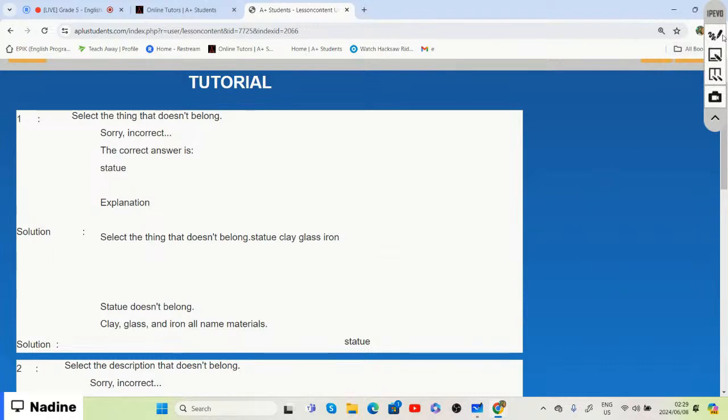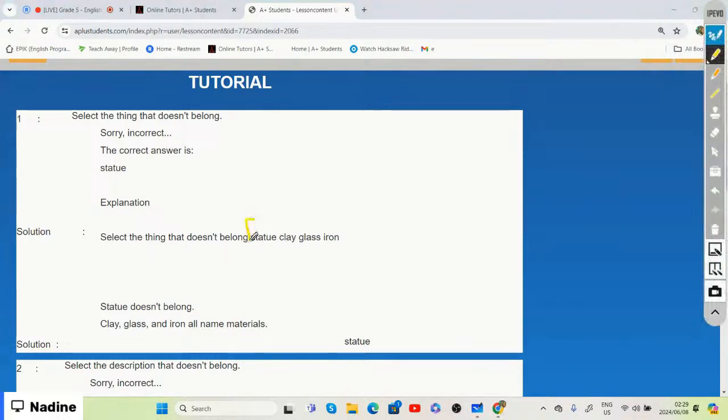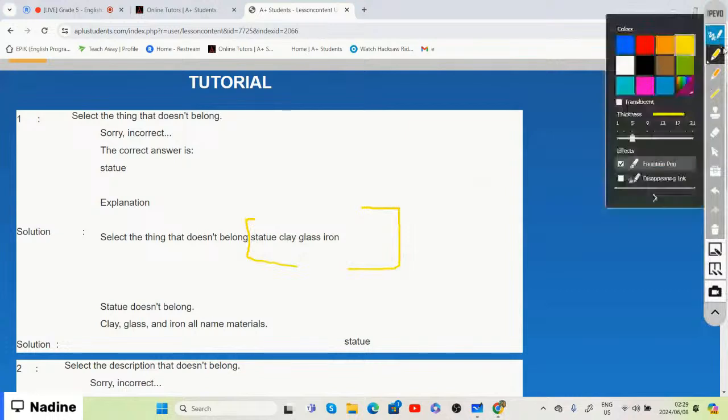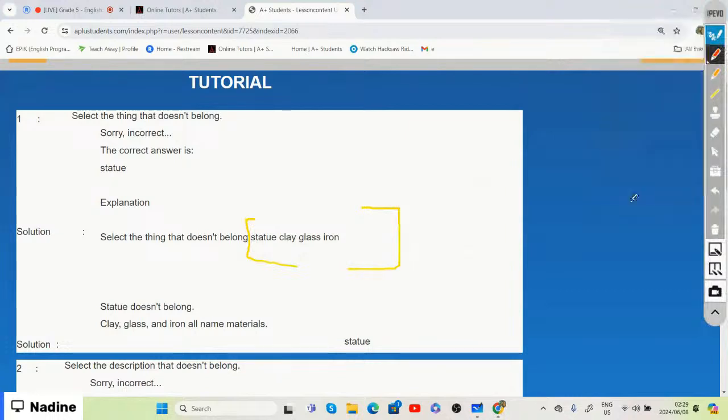So we need to choose from these words: statue, clay, glass, iron. We need to select which one doesn't belong. Is it statue? Is it clay? Is it glass? Or is it iron?